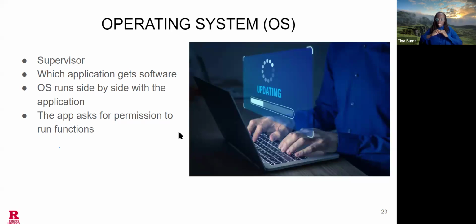It tells which applications get the software and what things can be done simultaneously, right? Because some things can be run side by side. You don't need to run everything sequentially, or one after another. Some can be run simultaneously. The operating system also gives permission to run these particular components within our software.